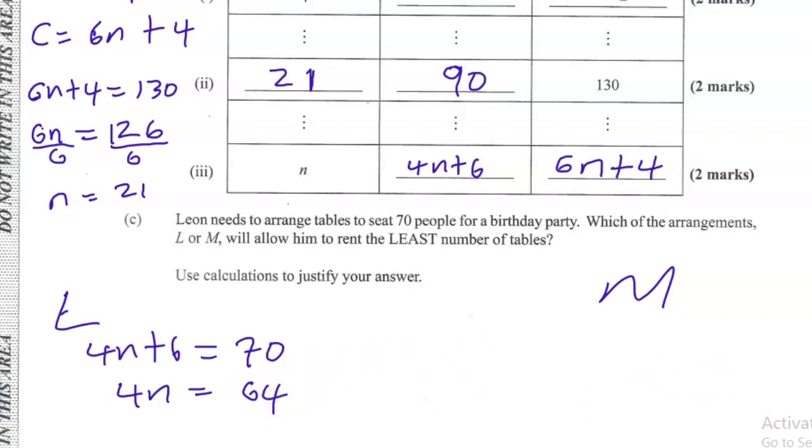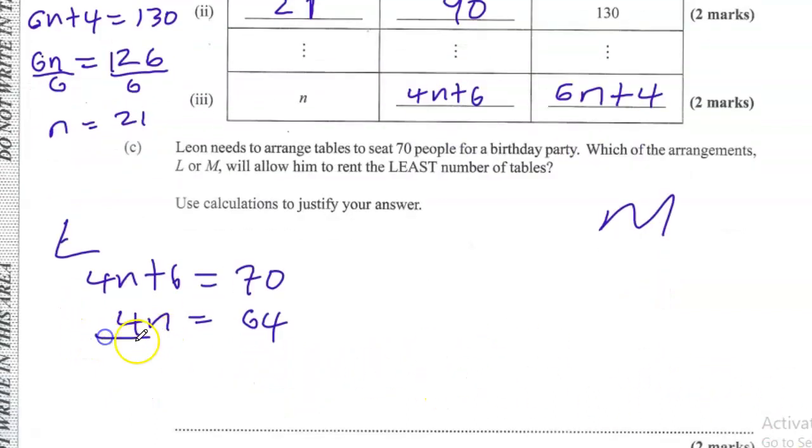Divide both sides by 4. N is equal to, what's 64 divided by 4? 16. So if you use arrangement L, you would use 16 tables.